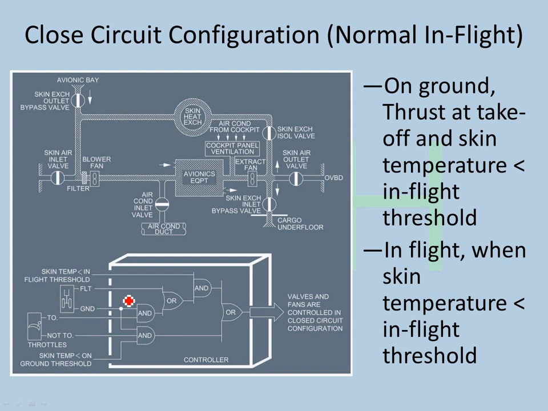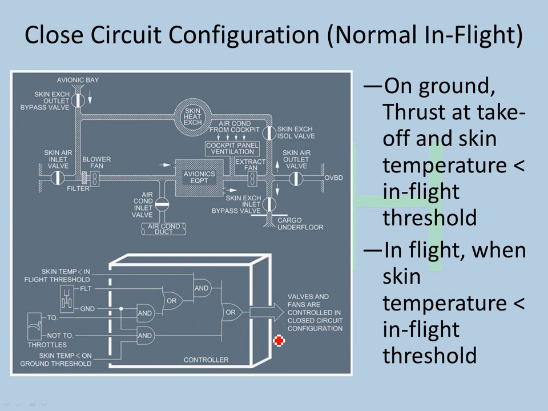This is generally during your takeoff roll, as in you've just put the thrust lever at takeoff power, and your skin temperature outside is less than in-flight threshold. Then you will be in closed circuit configuration. Now in-flight configuration: here you are in flight, the OR gate has been satisfied with either line happening, and skin temperature is less than in-flight threshold. So this is also satisfied, and you'll be in closed circuit configuration.